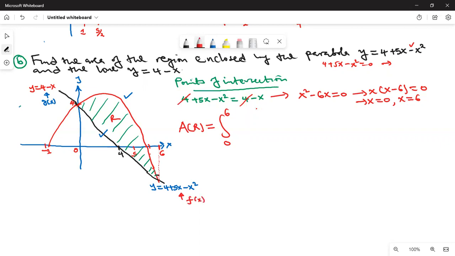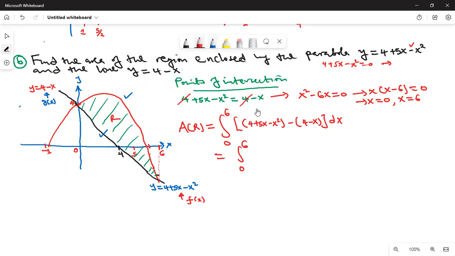So the formula is f of x minus g of x, so we'll have 4 plus 5x minus x squared, subtract g of x, which is 4 minus x, dx. So that is integral from 0 to 6.